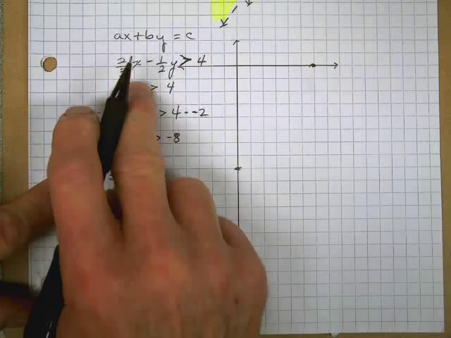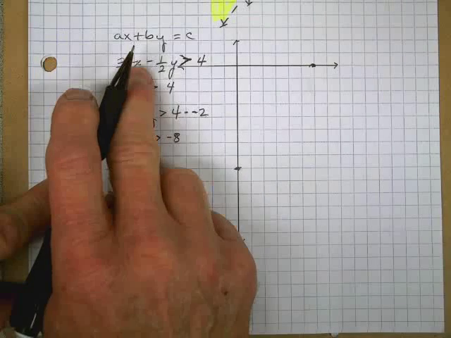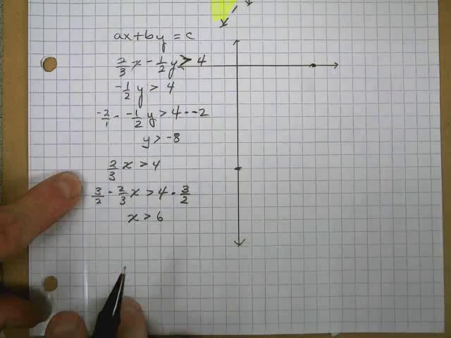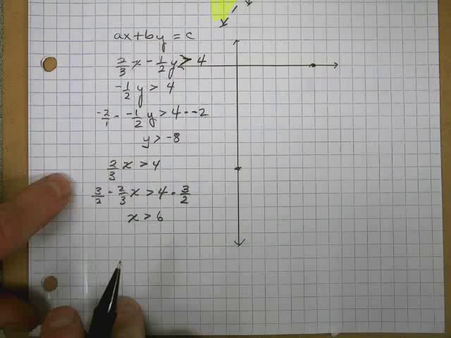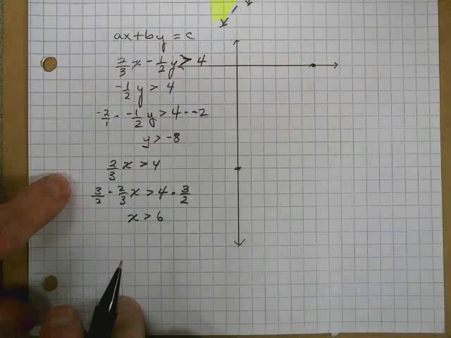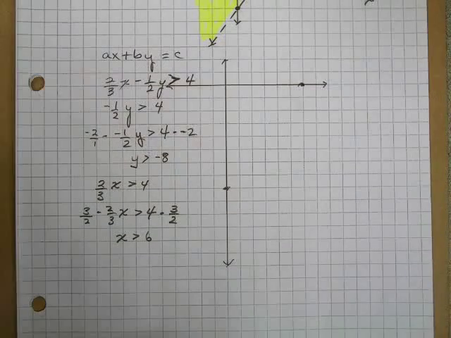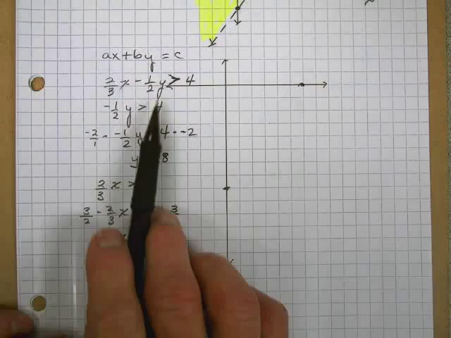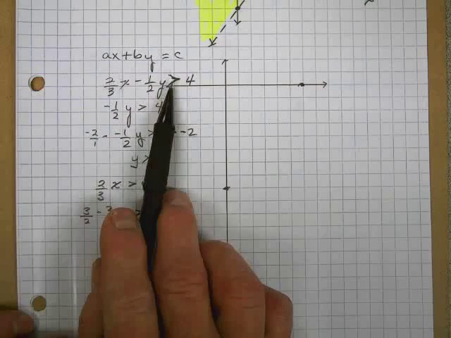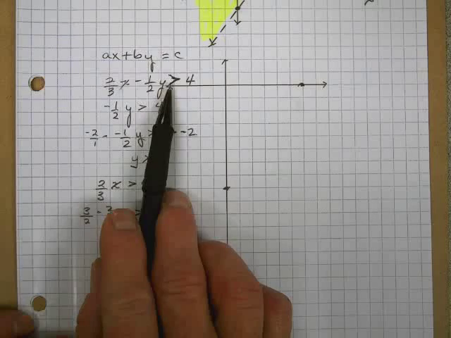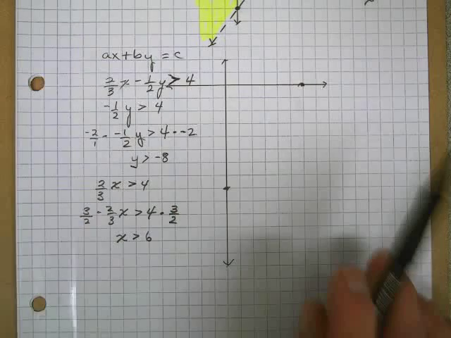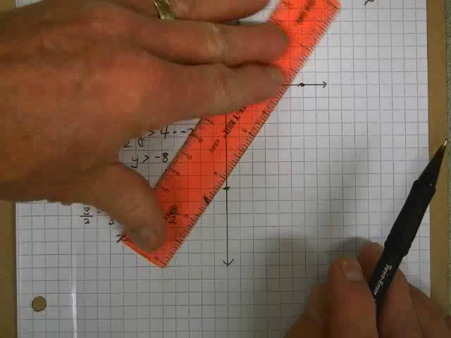So by doing that process of covering one of the variable terms and solving for the other in the inequality, I was able to find the x and y intercepts. And now we're going to connect the x and y intercepts with a line. Notice that our inequality symbol does not include the equal part, so we're going to use a dashed line again.